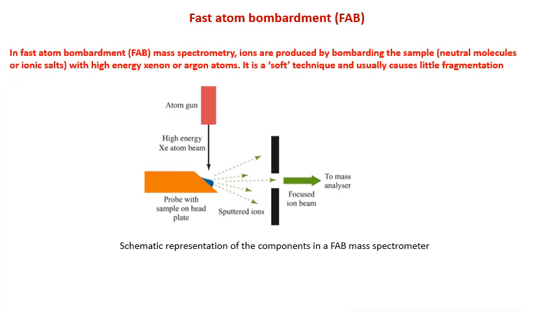Now this mixture is applied to the probe of the instrument and it is bombarded with fast xenon or argon atoms. You can see the argon gun here, the high energy xenon atom beam, and this is your probe. This is your liquid matrix probe with the sample. After the bombardment, ions are generated and passed through the beam, and they go through the analyzer part.